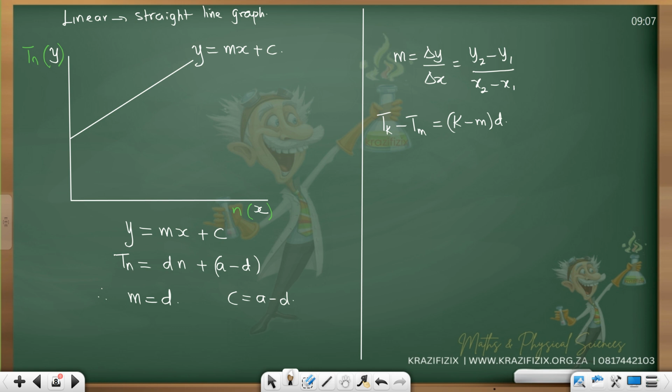Do you notice that I can therefore say d is Tk minus Tm over k minus m? Beautiful. Which is basically change in term over the change in position.